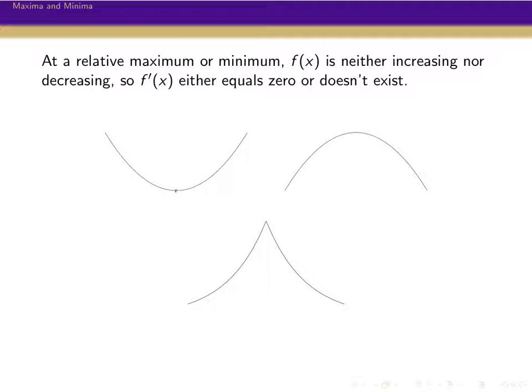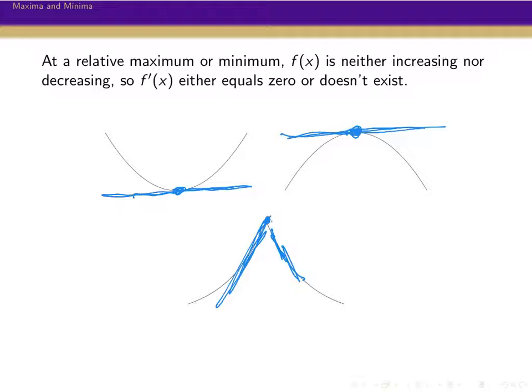Okay. And so here are some basic examples. So here is a relative minimum first. And if you drew the tangent line here, it'd be flat, slope 0. For the relative maximum here, again, we have a flat tangent line. And then for this third example, we have a relative maximum right here. If you look coming in, the slopes to the left are pretty positive, slopes to the right are pretty negative, and they don't match up at that point.